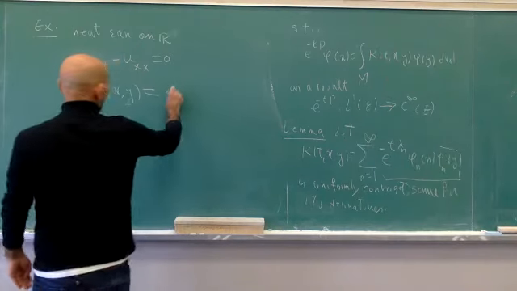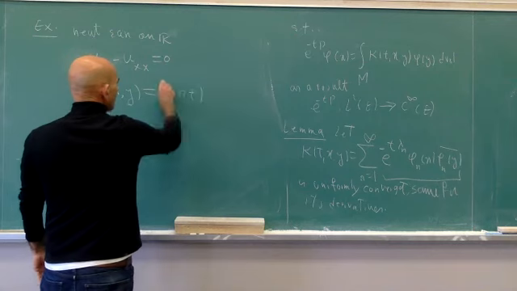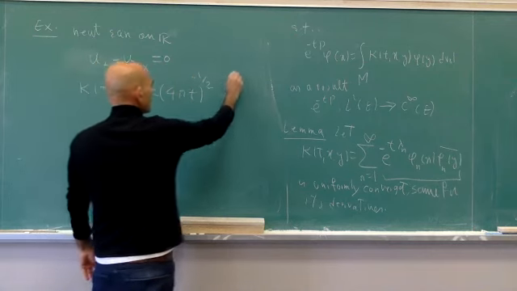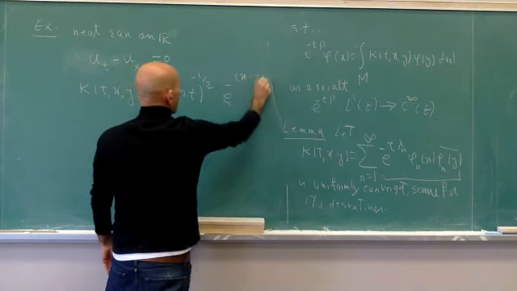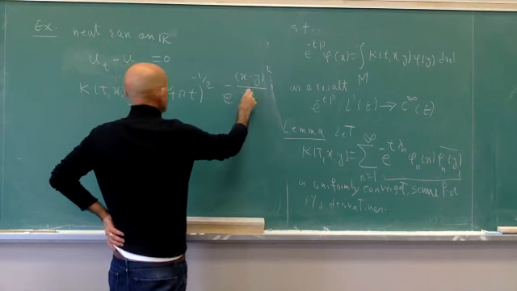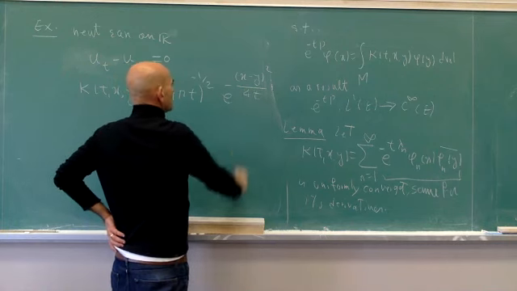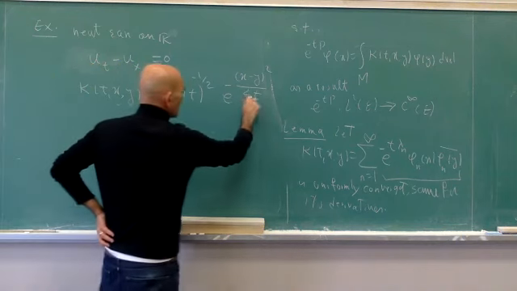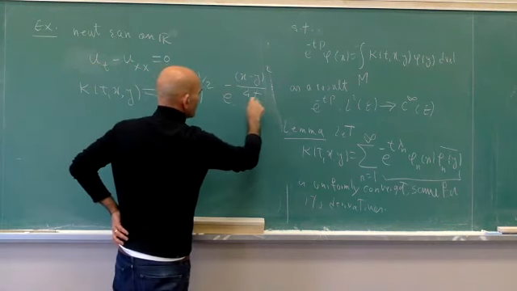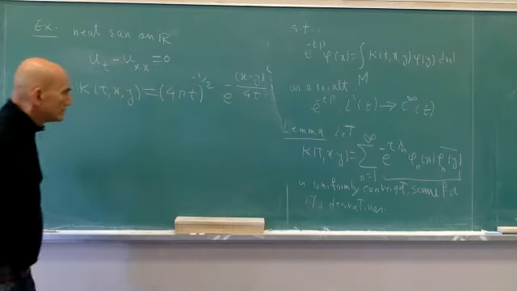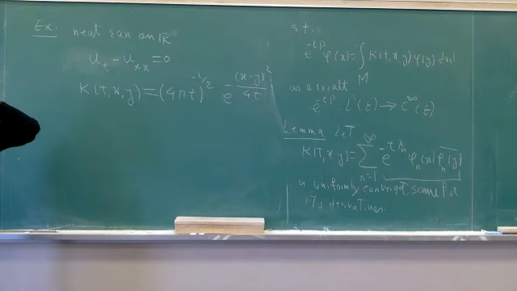So it's (4 pi t) to the power minus half, times exponential of minus (x minus y) squared over, I believe it should be 4t, though there may be some correction needed here, but I believe this is correct. That's it. That's the kernel.